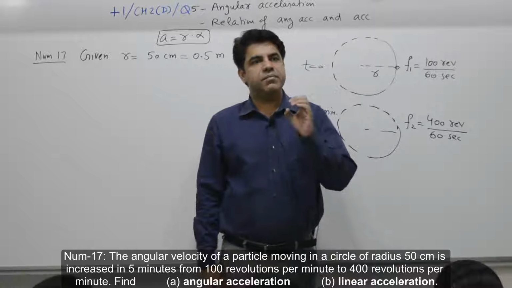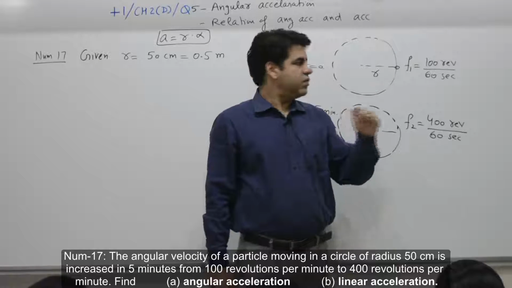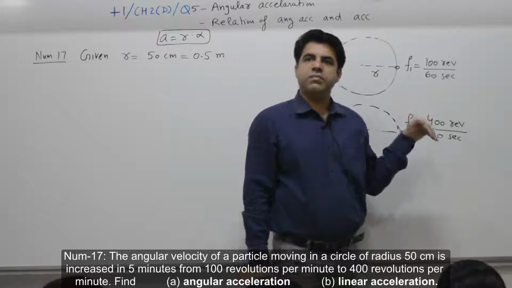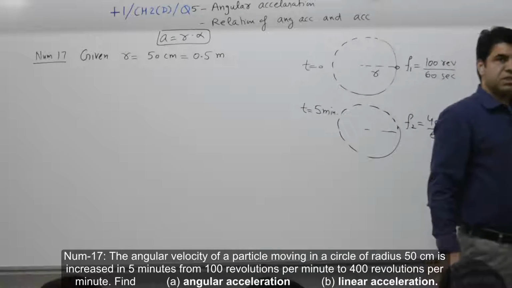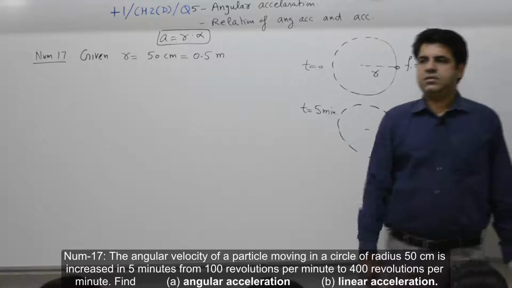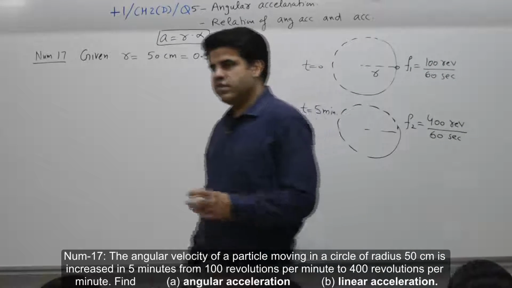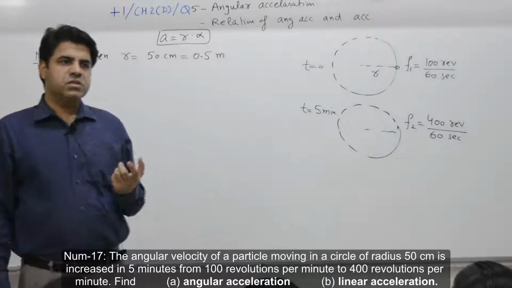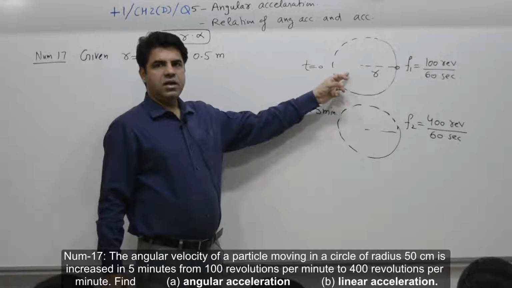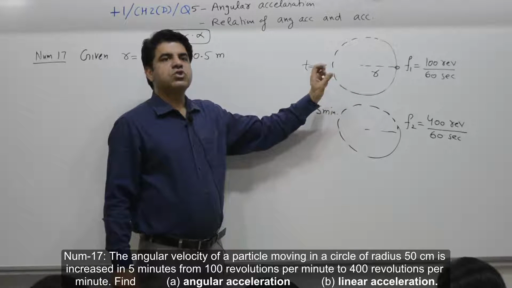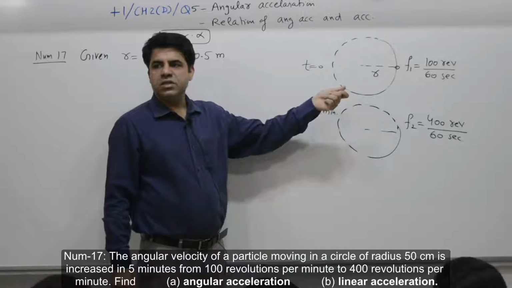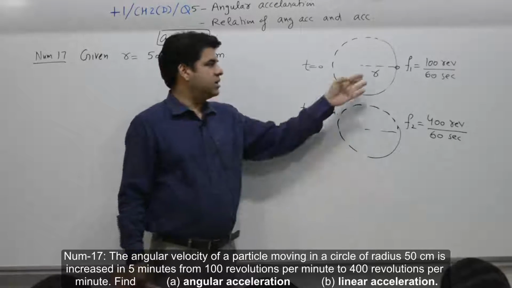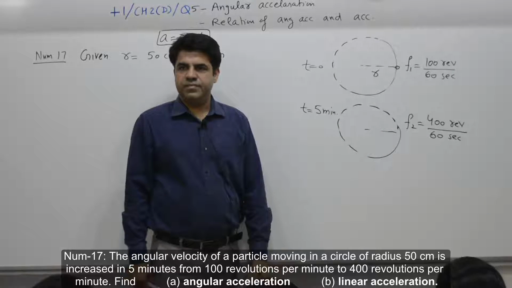It has taken some time to shift from 100 RPM to 400 RPM. This is also the case of a mixer grinder or a washing machine when you change the speed. In number of machines where the initial RPM is given, you use a regulator or switch to increase rotation from 100 to 400.